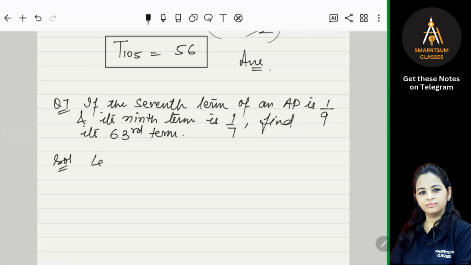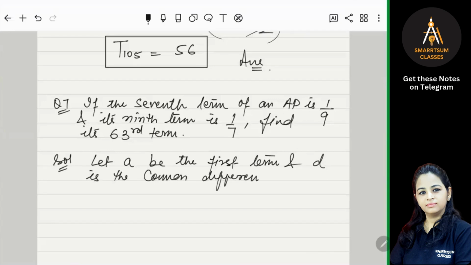Let us assume A be the first term, because the first term is not given here. A be the first term and D is the common difference of the AP. Right?